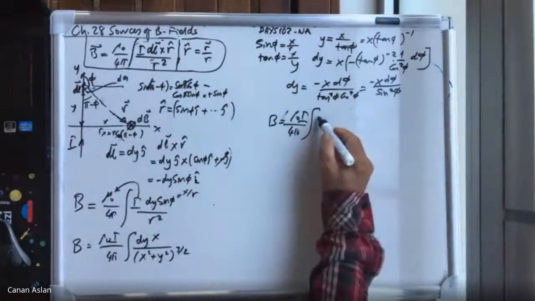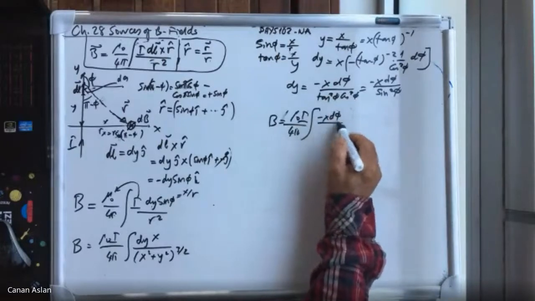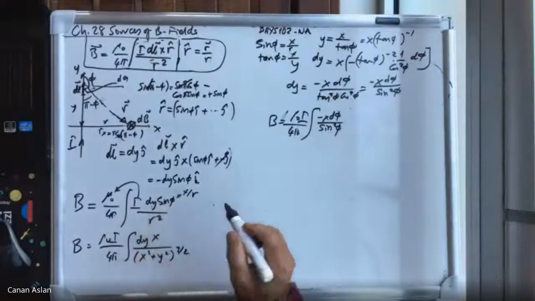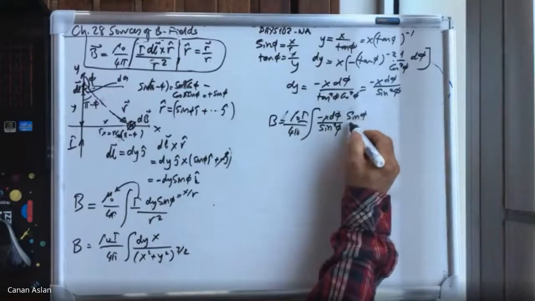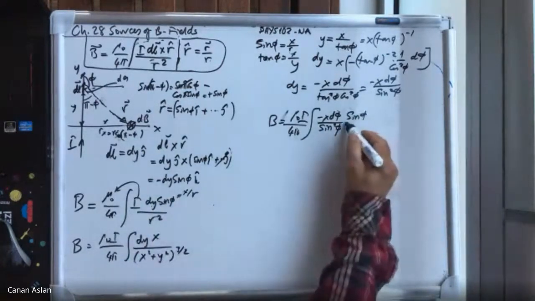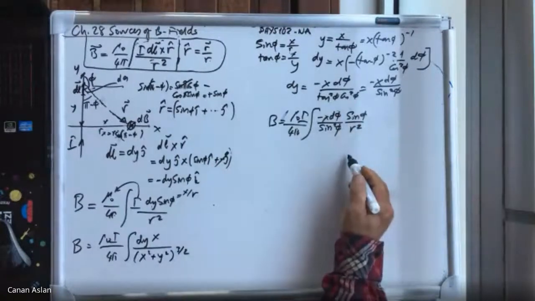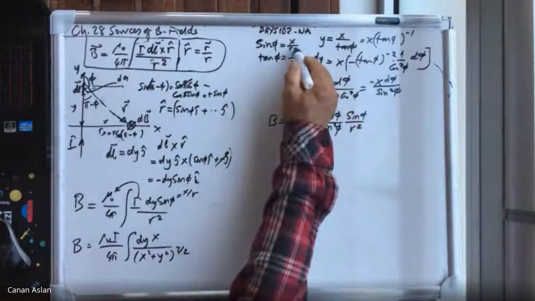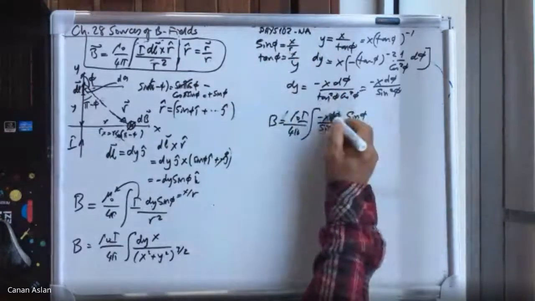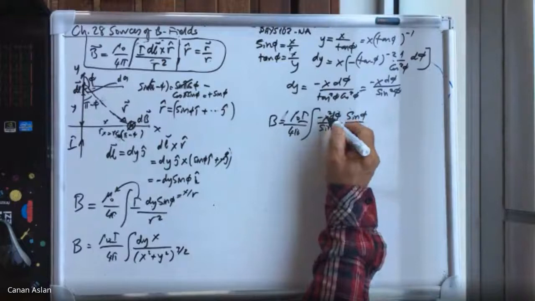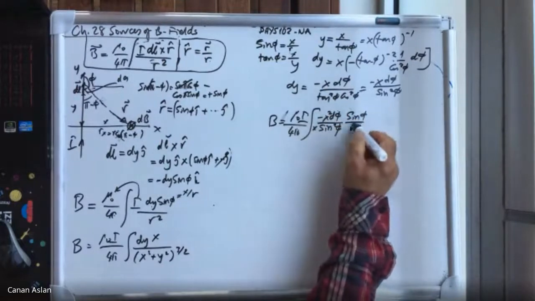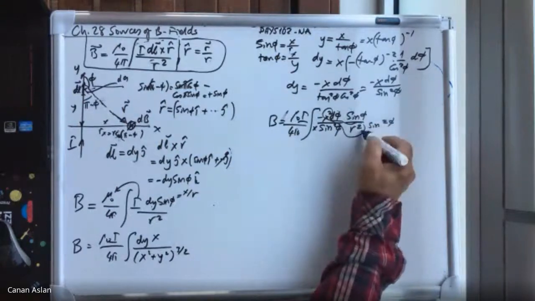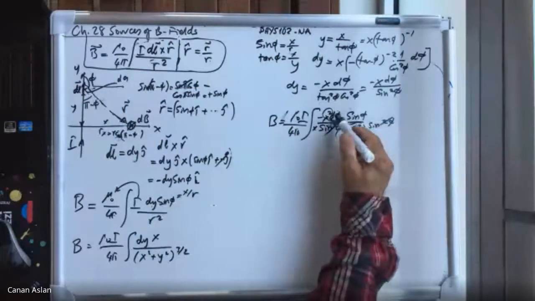Dy is just minus x d phi over sine squared phi, okay? Dy is written, then sine phi there, and divide by r squared. But now we know that sine phi is x over r, and x square over r square gives you sine square phi. So we multiply this by x and divide by x, so that x square over r square gives you sine square phi, which cancels this thing on the denominator.